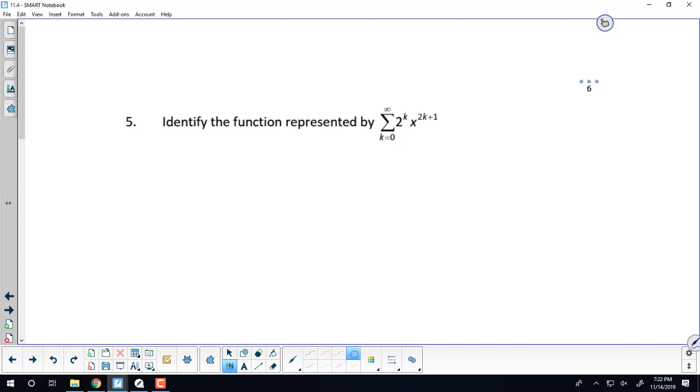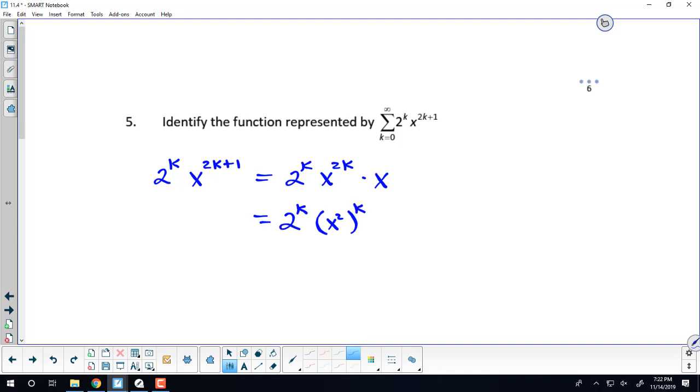So just to see how this works, we would want to take 2 to the k and x to the 2k plus 1 power. We'll put this in front of this series in a minute, but we just want to break this up as much as we can, just to see we have x to the 2k power times x. And then thinking about this x to the 2k as x squared to the power of k times that other x.